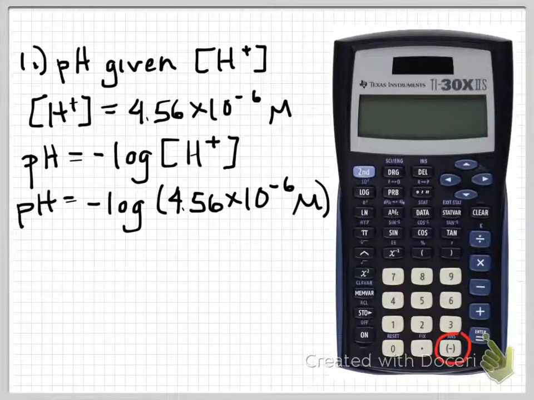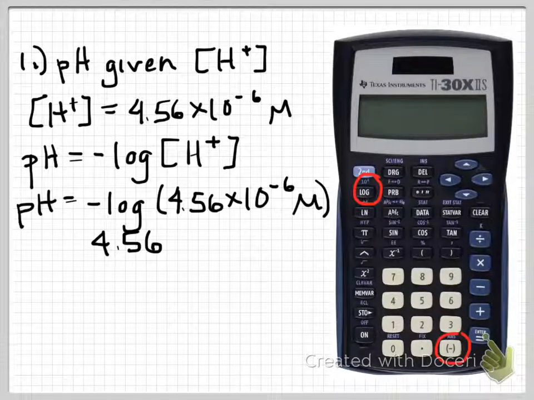So you're going to first use the negative key, then you're going to hit the log button. And then you're going to type in your number. You're going to want to type in your number as 4.56 E. And to get the little E, you're going to use the second button and then the EE button.